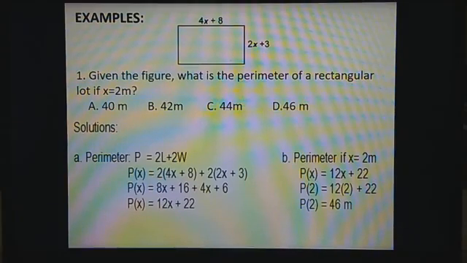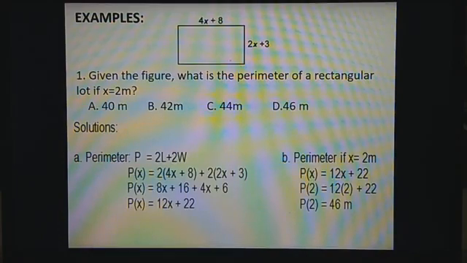Since ang tinatanong ay perimeter, so alam naman natin na ang perimeter ay yung sukat paikot, i-add lang natin lahat yung apat na side ng ating rectangle. At dahil yan ay rectangle, pag perimeter ang pinag-uusapan, ang formula natin ay 2 length plus 2 width.